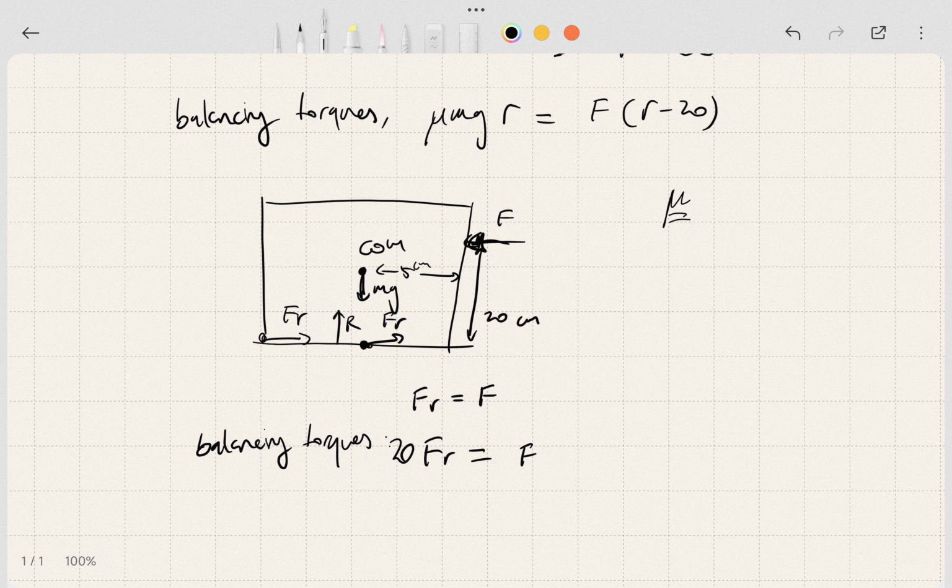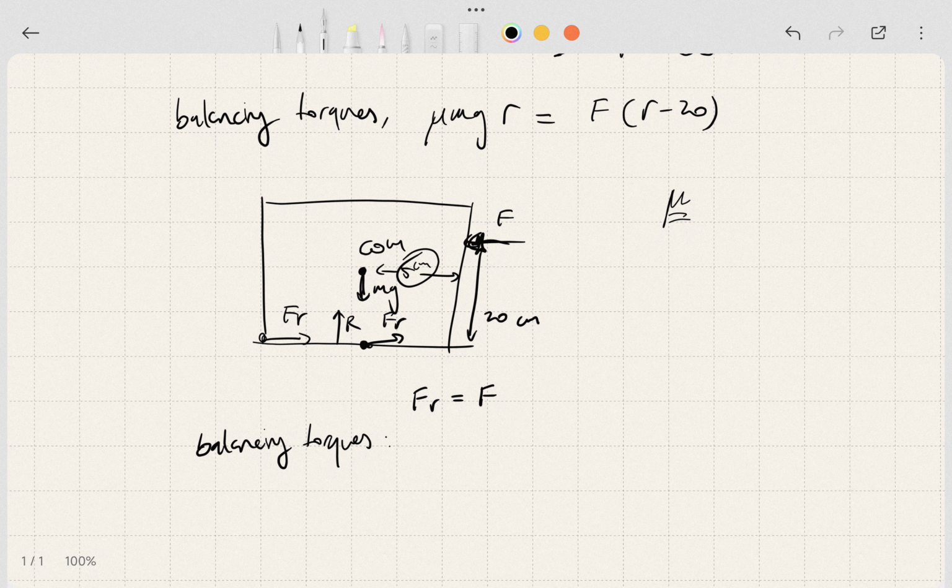Wait, no, never mind. I was thinking perhaps you can take account of the 5 centimeters there. Okay, so this is 5 centimeters. How is the 5 centimeters going to be useful in this case? I don't know.